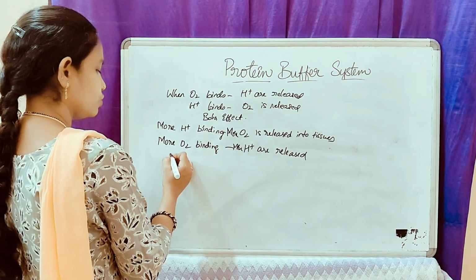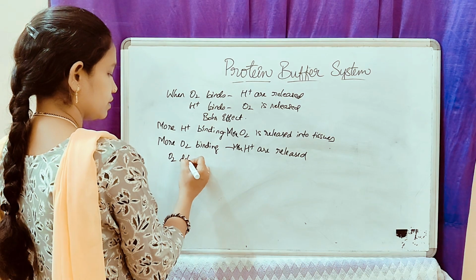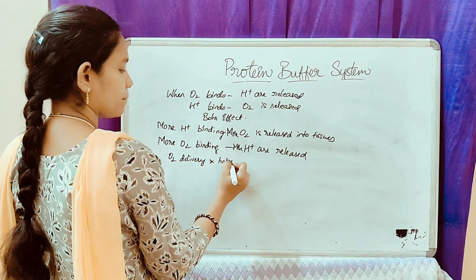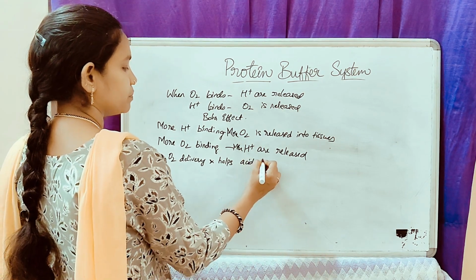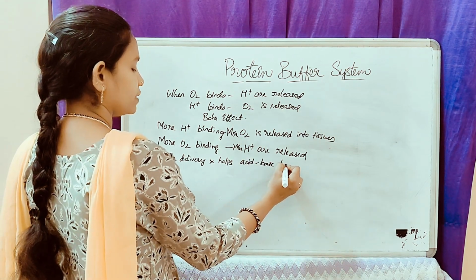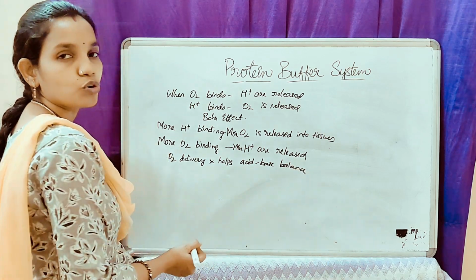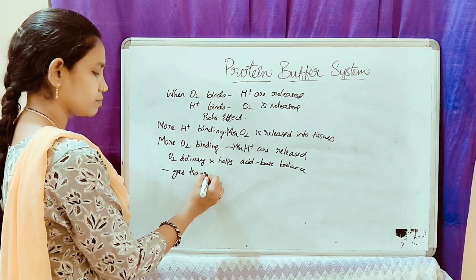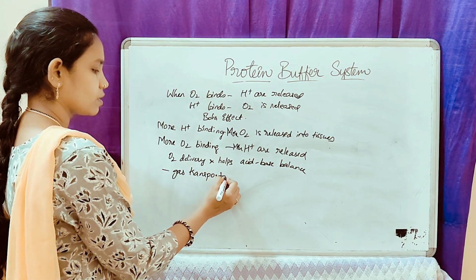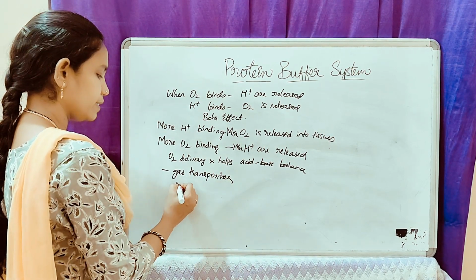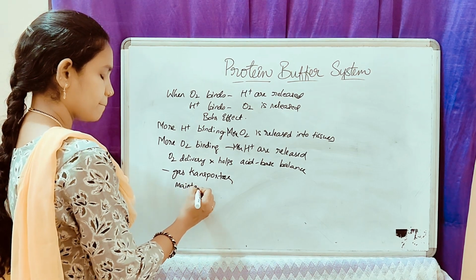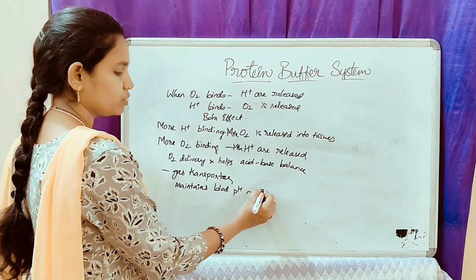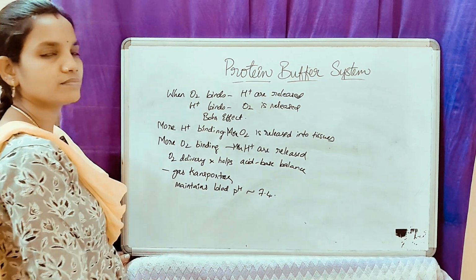So here it allows oxygen delivery and also helps acid base balance. So hemoglobin is acting as a gas transporter and also maintains blood pH close to 7.4.